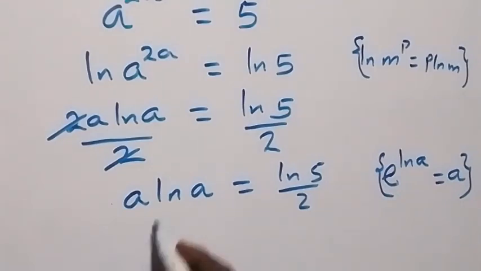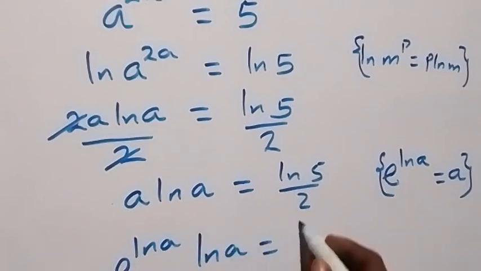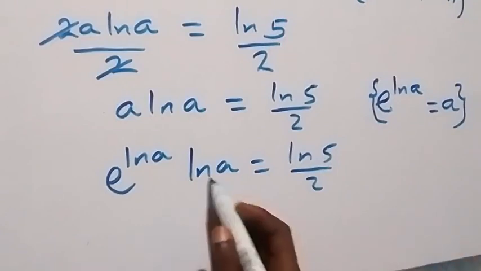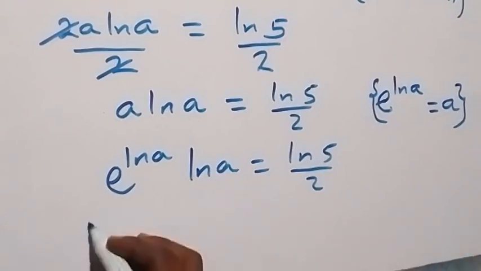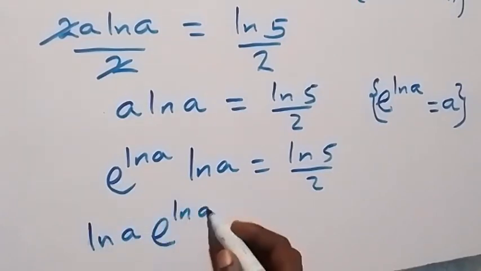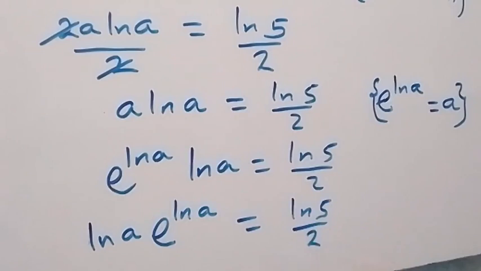Then on this side now, we can write a as e raised to ln a, and what we have becomes e raised to ln a, multiplied by ln a here, equals ln 5 over 2. Then we can also write ln a first as ln a, then e raised to ln a, equals ln 5 over 2.